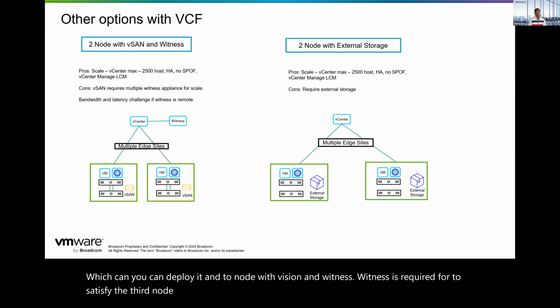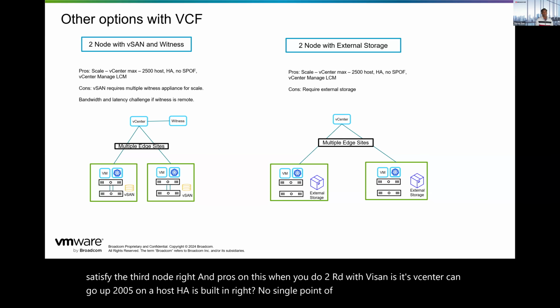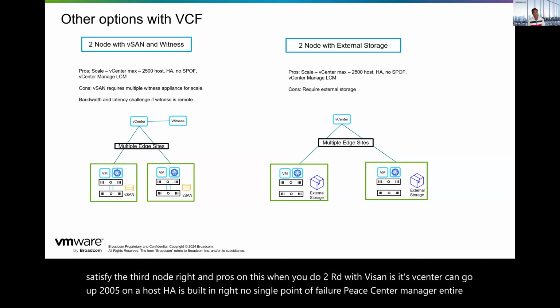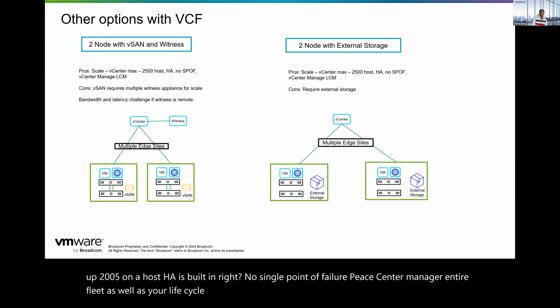The pros when you do two node with vSAN are that vCenter can go up to 2,500 hosts. HA is built in, no single point of failure, and vCenter manages the entire fleet as well as your lifecycle management. And vSAN requires multiple witness appliances for scale.